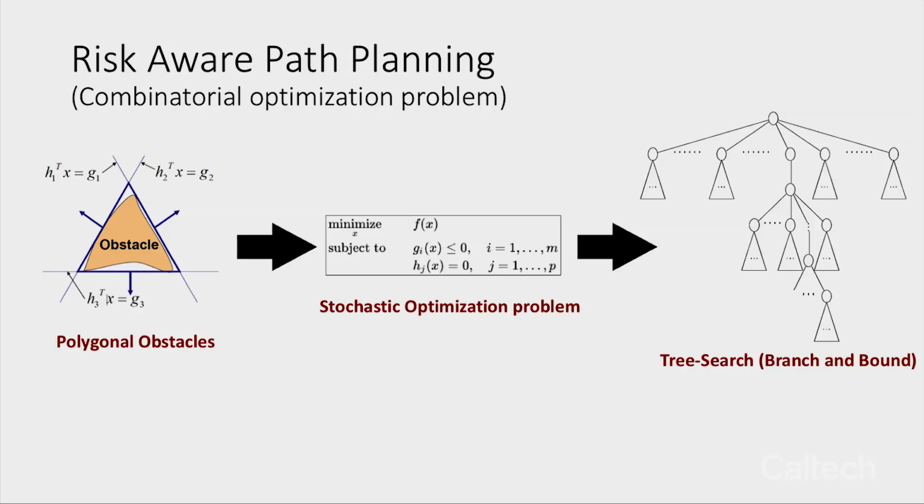So this is a large scale stochastic optimization problem. It's stochastic because you have uncertainty in the location or the state vectors, right?